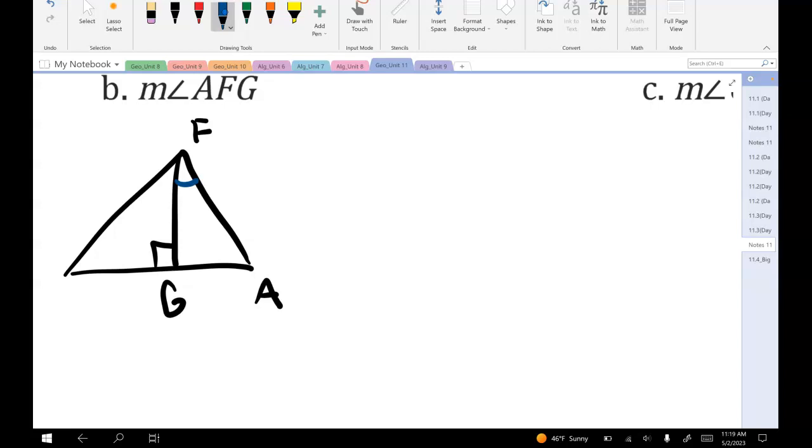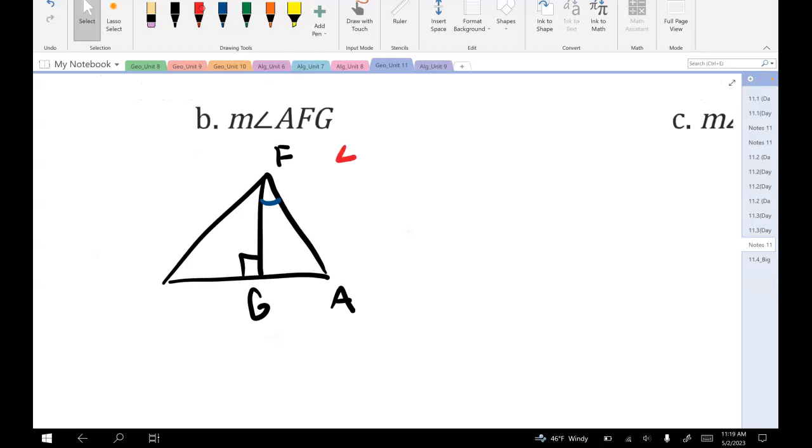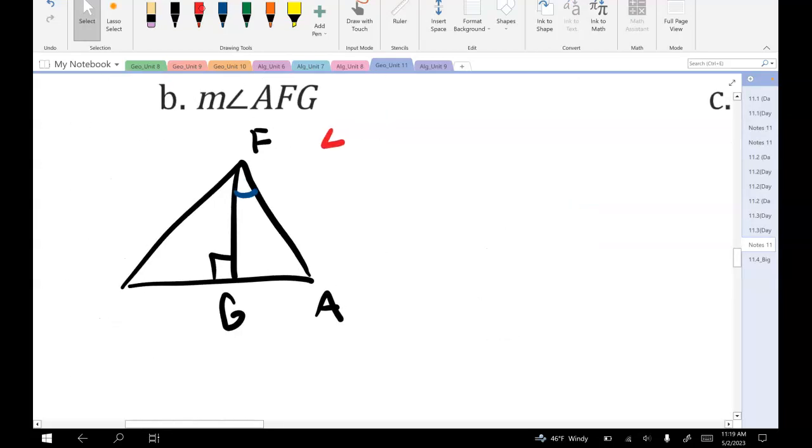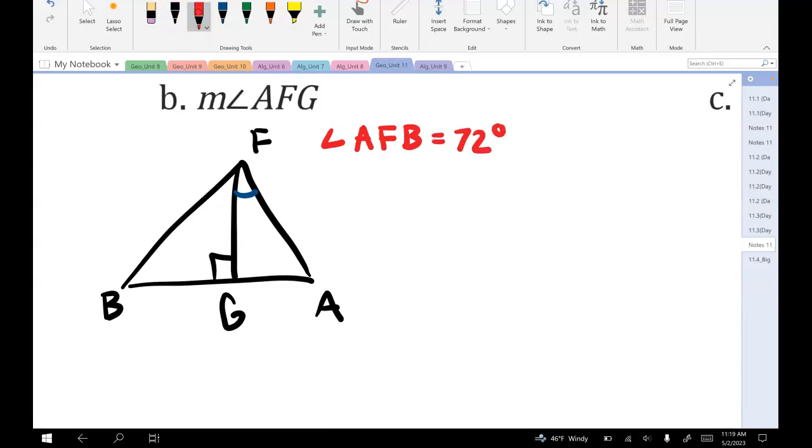We're going to use what we got from our last example, because we know that this whole angle altogether, which we wrote as AFB, maybe I should put the B here so we know where it ends, is 72 degrees. And I said earlier that this height, our apothem FG, is going to bisect this angle. So these two angles have to be congruent to each other.